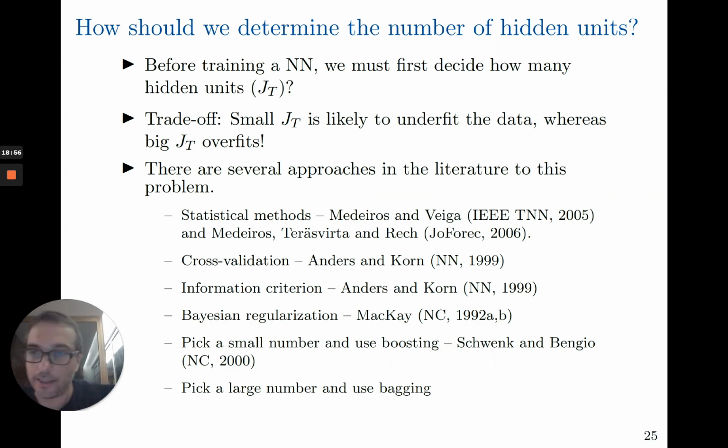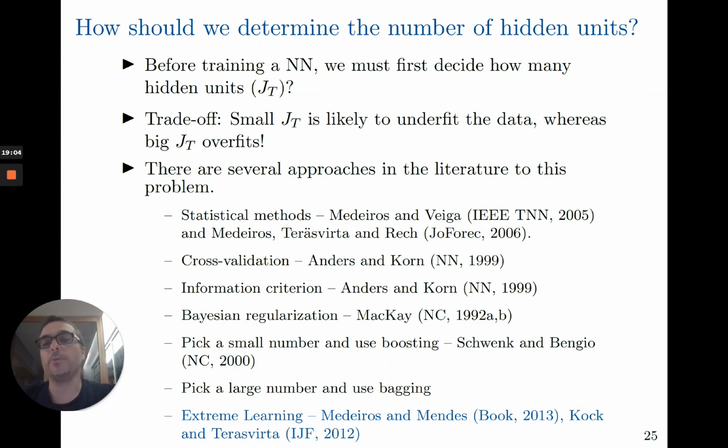So there are many ideas that can be used on how to determine your neural network. Or you can do what we call extreme learning. That's a procedure that I proposed in a book chapter a couple of years ago, and it has also been proposed independently by other authors in the International Journal of Forecasting, and I'm also going to show you how this works.